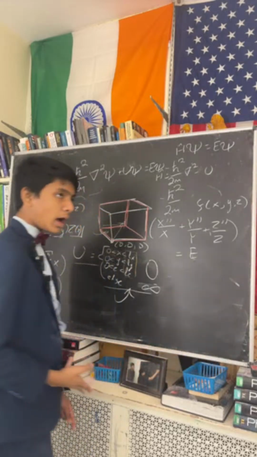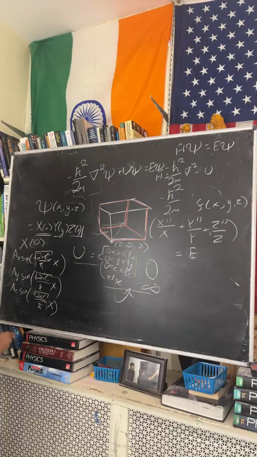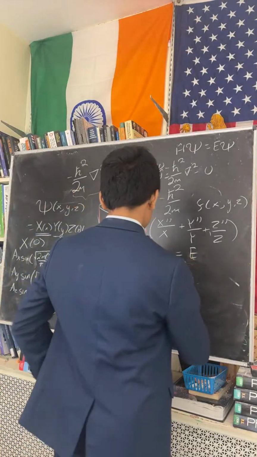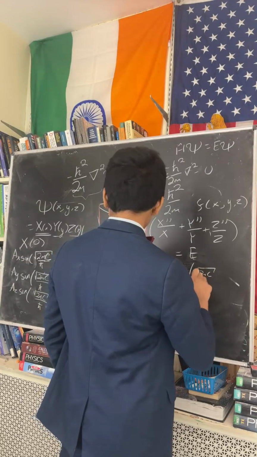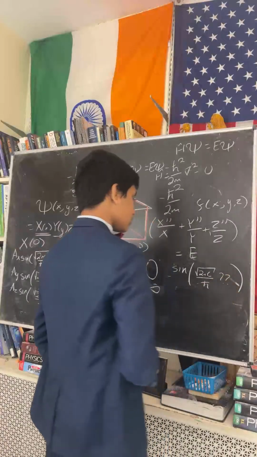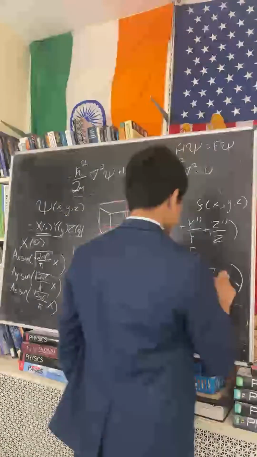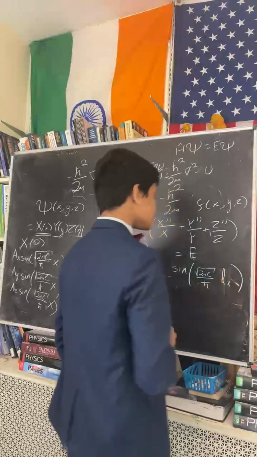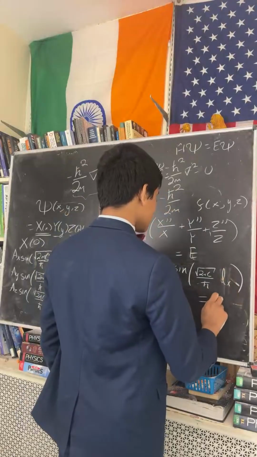At Lx, Ly, or Lz, this also has to go to 0. And, well, that means sine of the square root of 2mc over h bar. Well, what's going to be in here? Is it going to be Lx, or Ly, or Lz? And that has to be equal to 0.